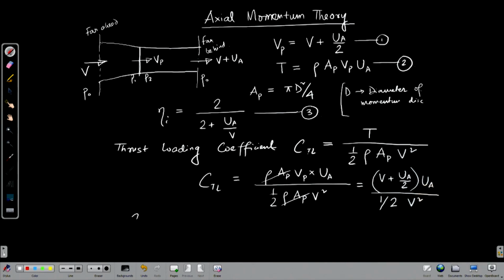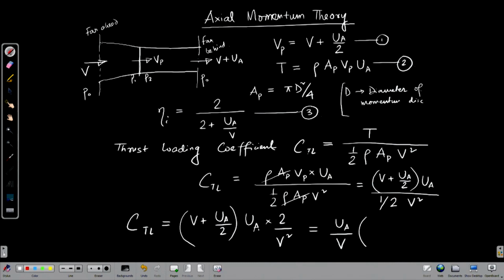So, now CTL becomes V plus Ua by 2 into Ua into 2 by V square. We can rearrange these terms and write it as Ua by V and take the 2 inside the bracket, 2 plus Ua by V. So, this becomes our equation 4.